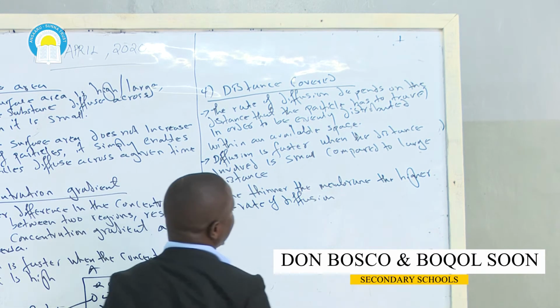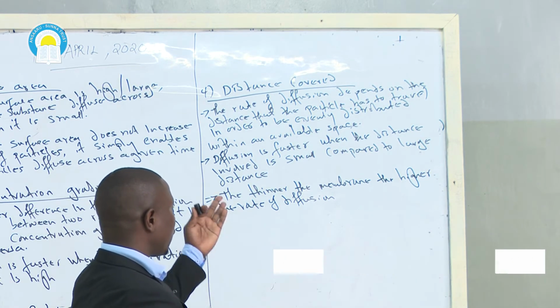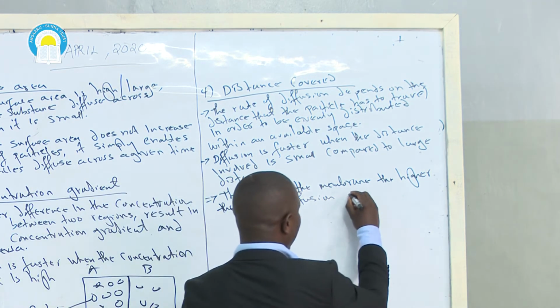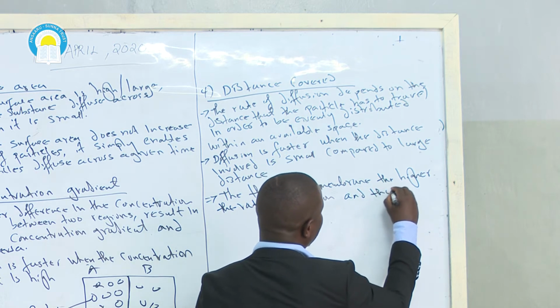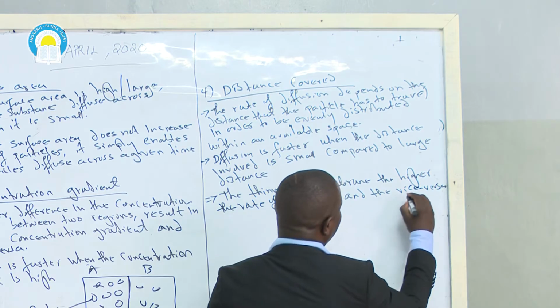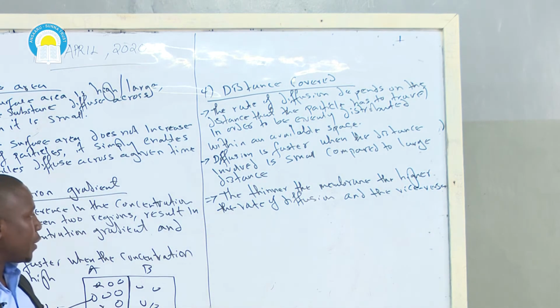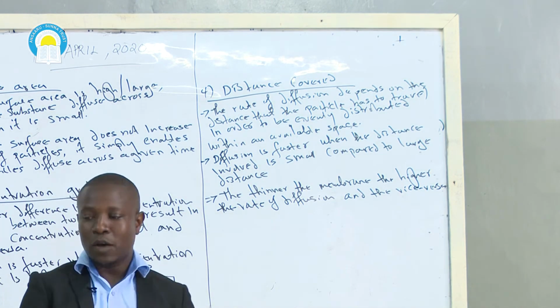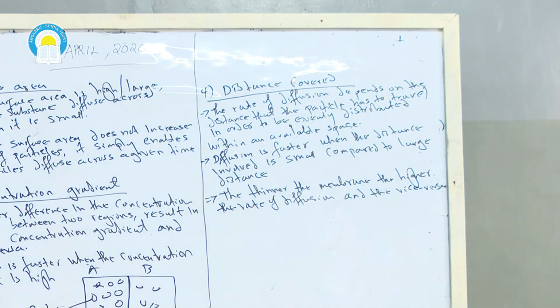The thinner the membrane, the higher the rate of diffusion, and the vice versa. And vice versa means that it's opposite. The thicker the membrane, the lower the rate of what? Diffusion. And what are examples of the membrane are we talking about?